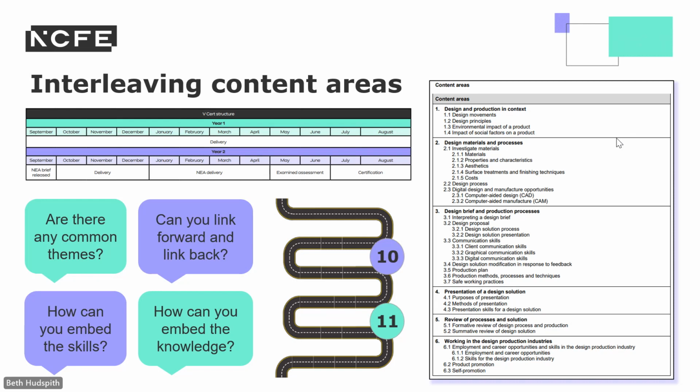How can you link forward and link back across the content areas? Take a few minutes to make a few notes about what you're instantly noticing. That's mainly for your reference. We're going to come back and revisit that shortly as a group activity.